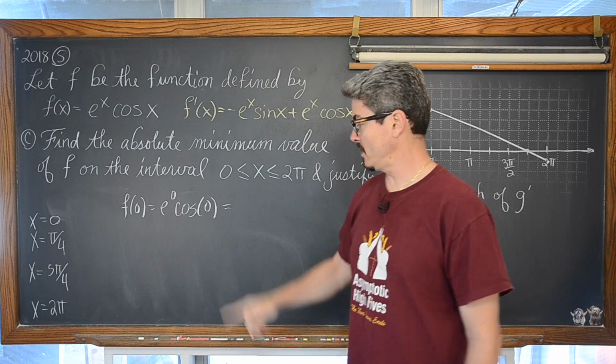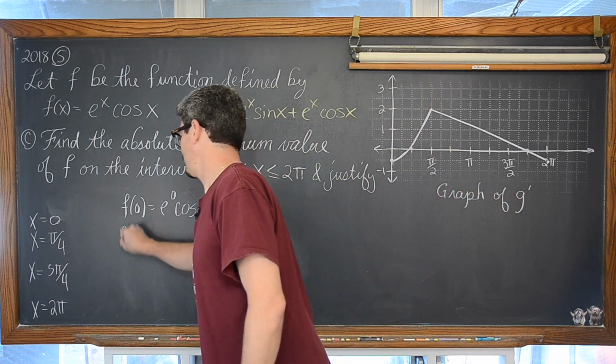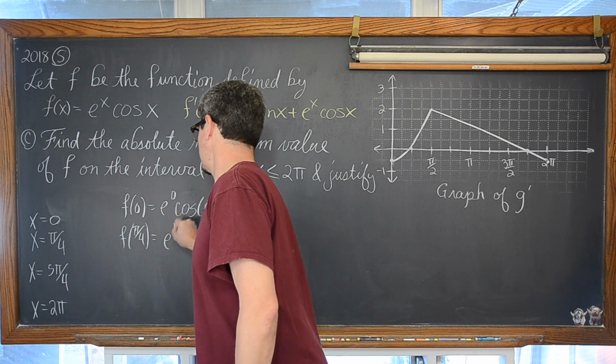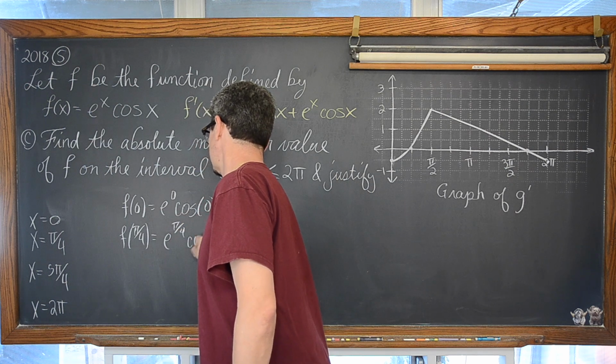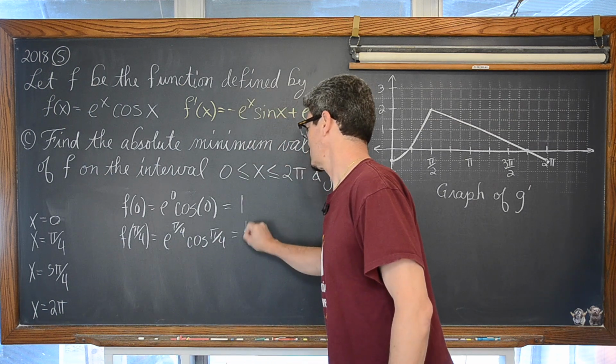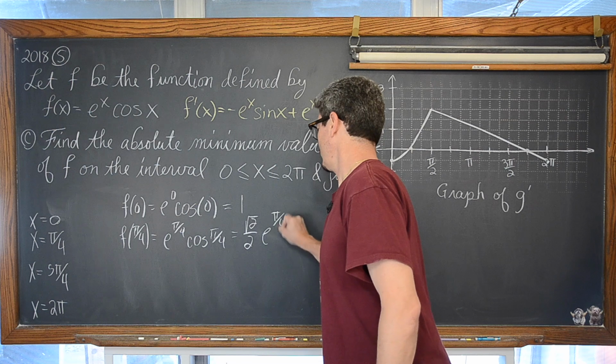E to the 0 is 1, cosine of 0 is 1. Boom. Now we're going to look at f of pi over 4. E to the pi over 4 times cosine of pi over 4 is square root of 2 over 2 e to the pi over 4.